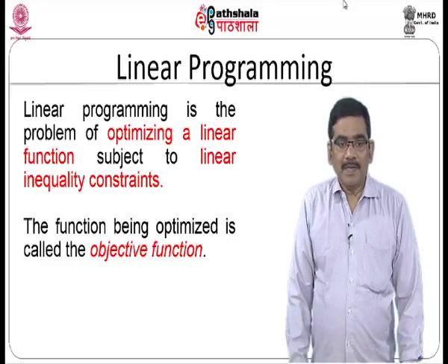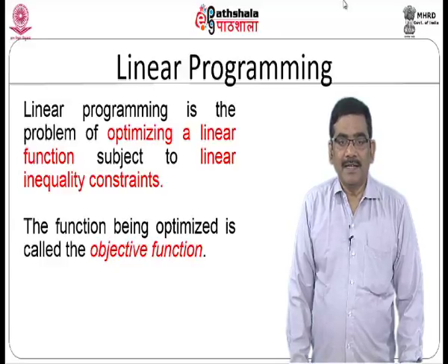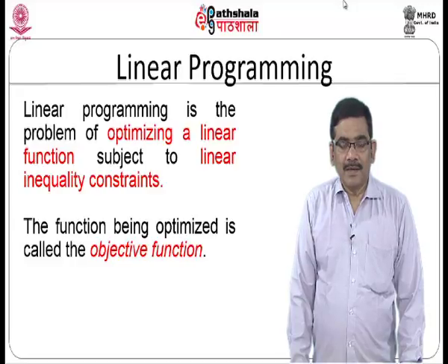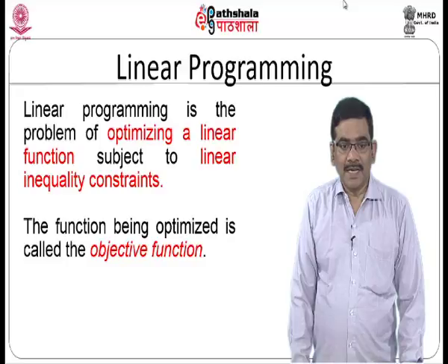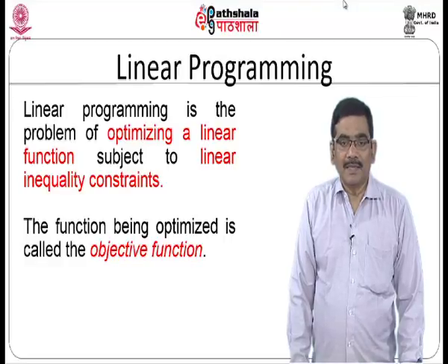So, linear programming is a problem of optimizing a linear function, something like z. This can be a maximization of z or minimization of z, subject to a set of constraints that can be modeled as linear inequality constraints. That means all these constraints will have the less than or equal to or greater than or equal to sign.